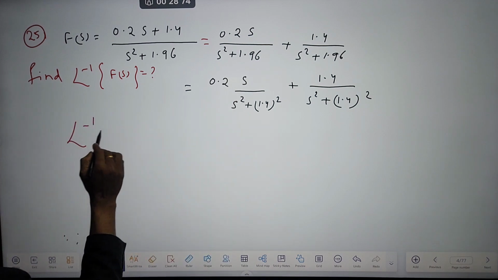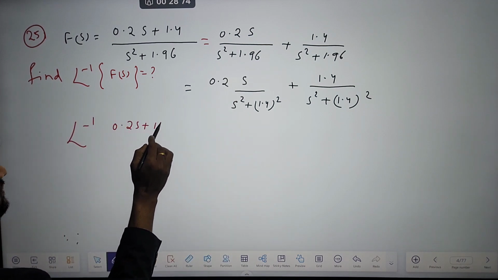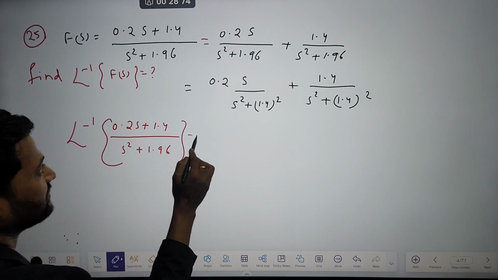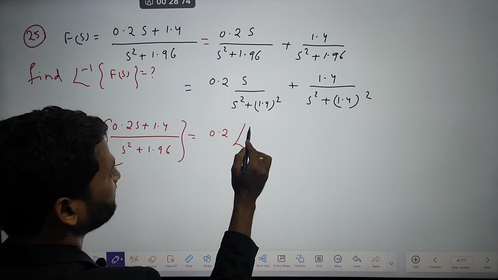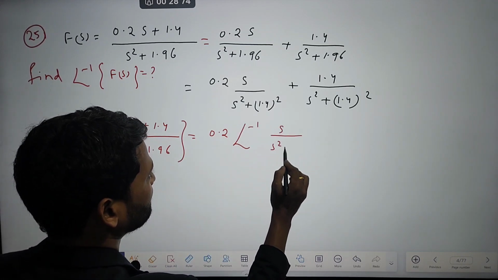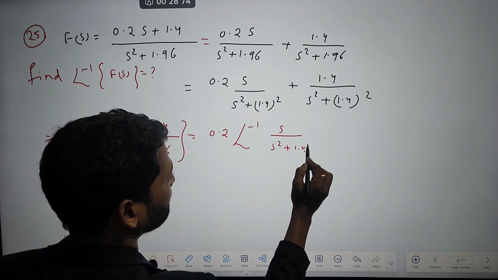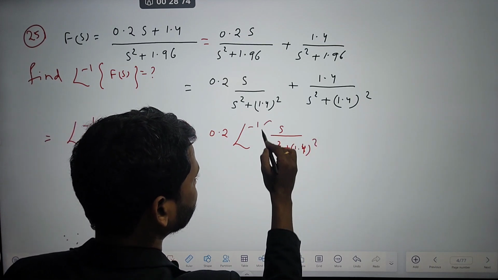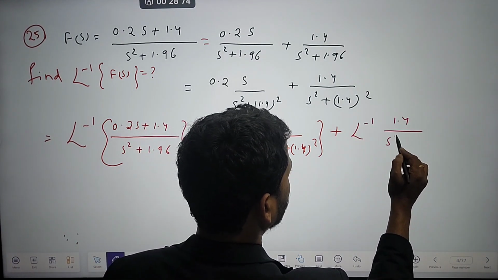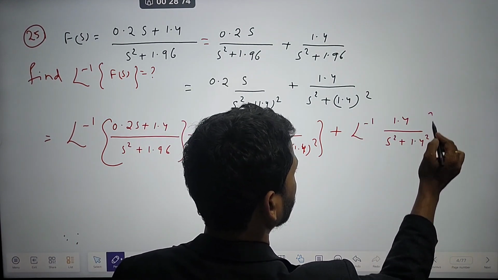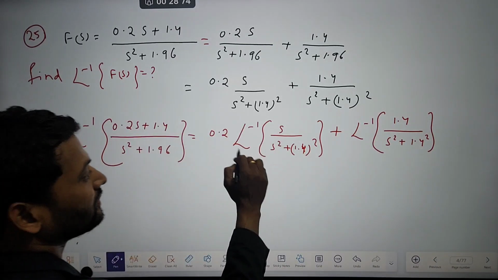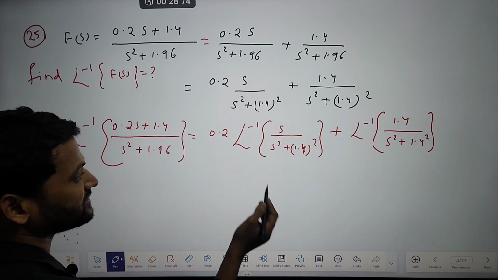If we take the Laplace inverse of 0.2s plus 1.4 by s square plus 1.96, then this will be 0.2 constant times Laplace inverse of s by s square plus 1.4 square, plus Laplace inverse of 1.4 by s square plus 1.4 square. Now you can find the Laplace inverse of this one.